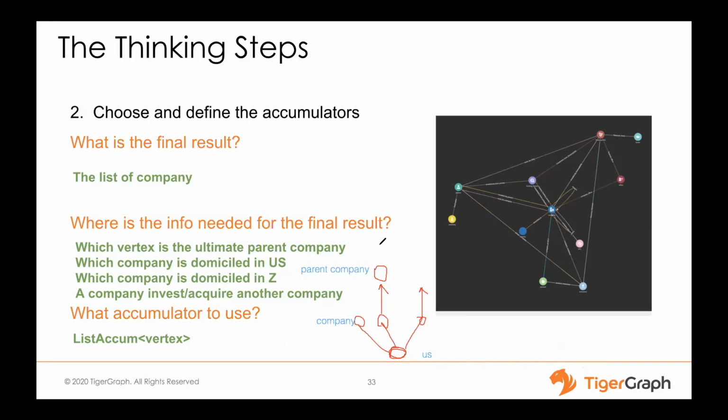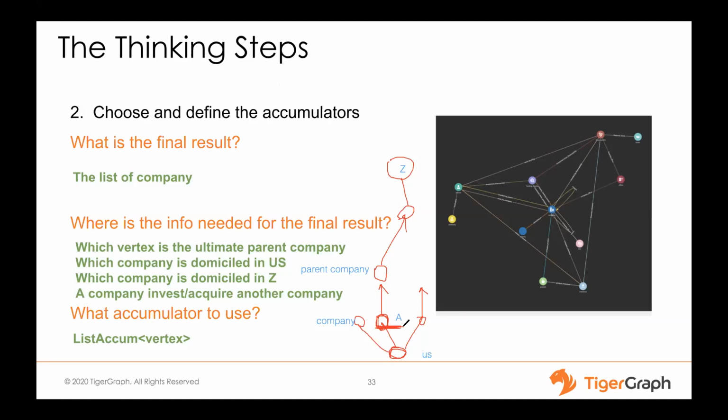The parent company also has another parent company, and each company can have its country. So let's say this is country Z. This is a pattern we are looking for: for a US company, let's say company A, it has its ultimate parent domiciled in Z. So this guy will be in the result. This is a pattern in the graph we are looking for.